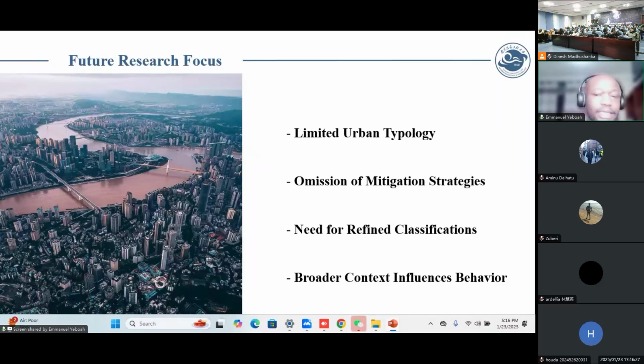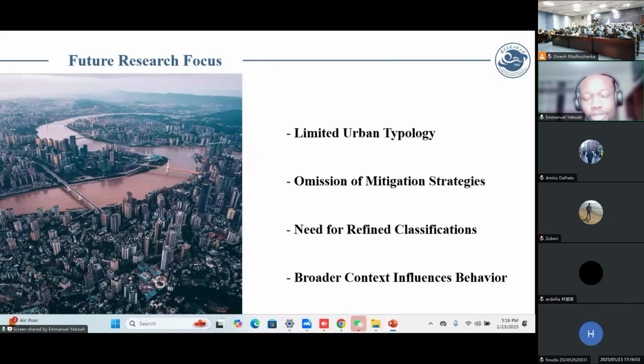We also omitted mitigation strategies, whereby key UHI mitigation strategies such as green roofing and heat reflective materials were excluded from this study, potentially skewing interpretations of temperature distribution and underestimating the impact of these techniques on UHI patterns, which becomes quite crucial in this regard.